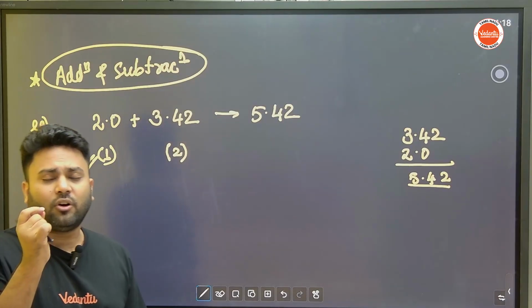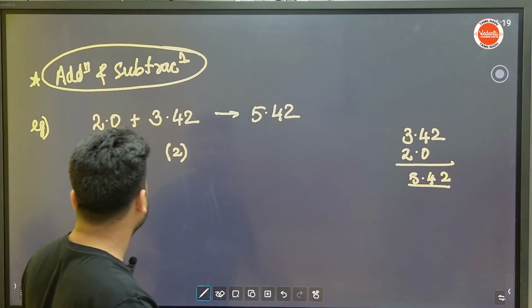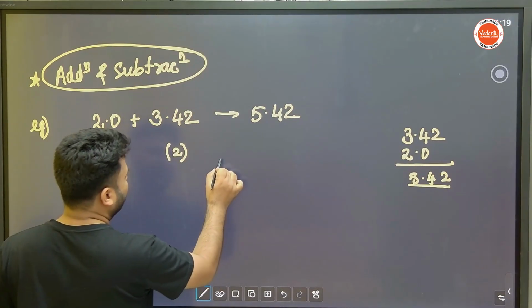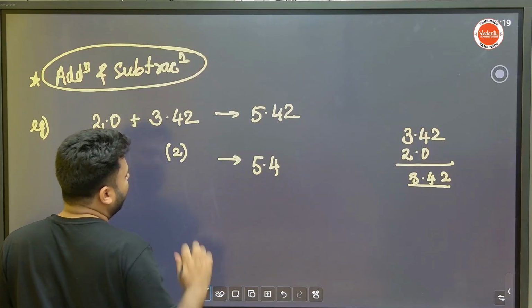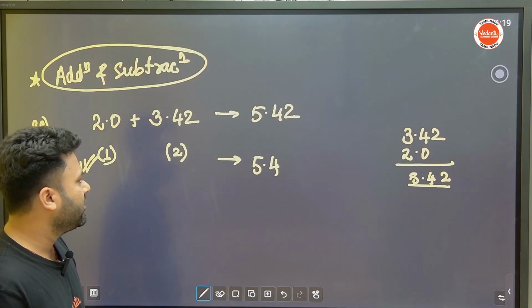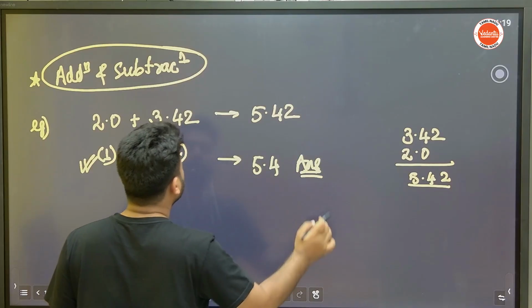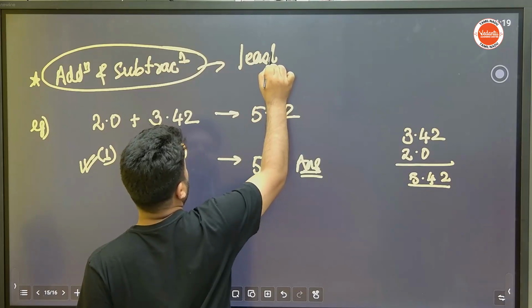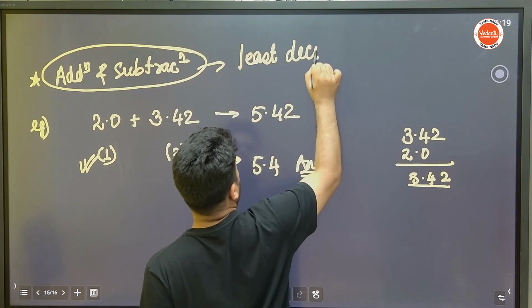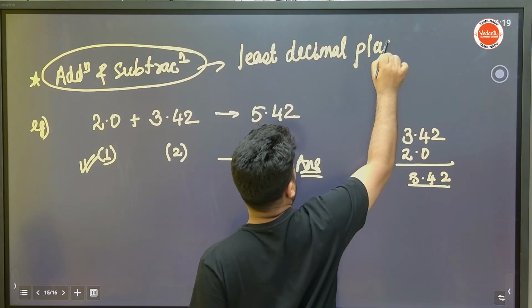So your answer should also contain least decimal place, means only one decimal place. So our final answer will be 5.4. After decimal, I am only putting one number. So one decimal. This will be your answer. So always remember, least decimal place, we see this.